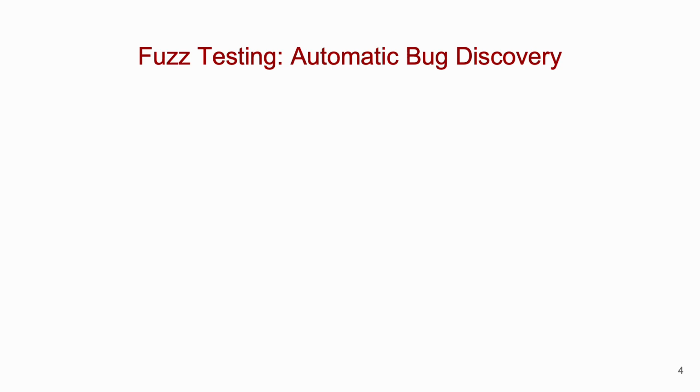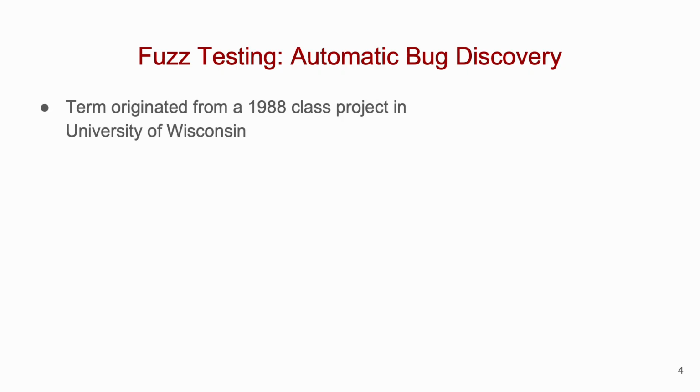So, to solve this challenge, researchers have developed fuzz testing. The term fuzzing was introduced in 1988 by Barton Miller at the University of Wisconsin-Madison as part of a class project.